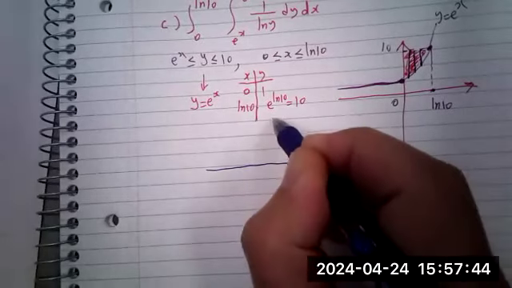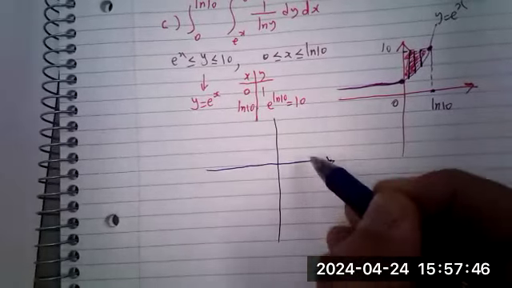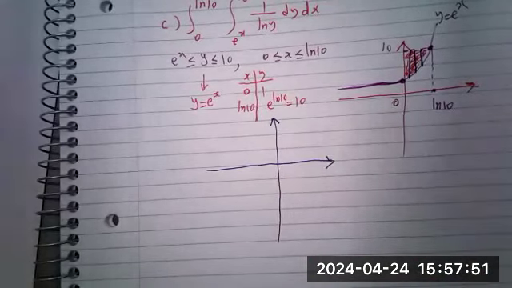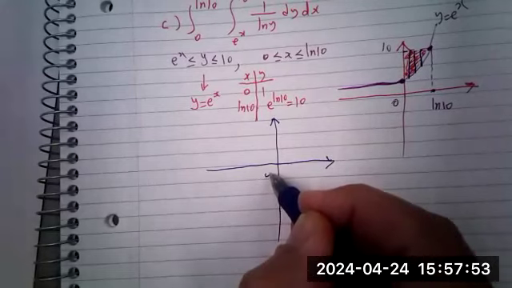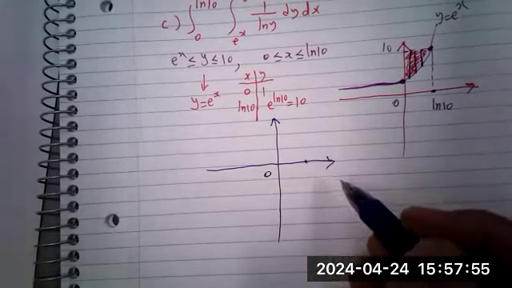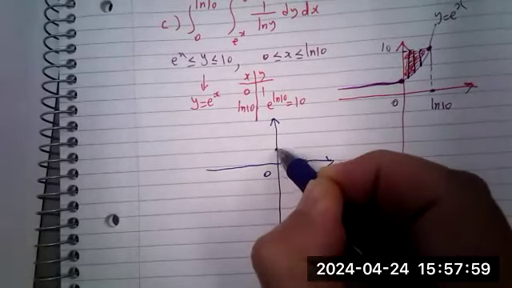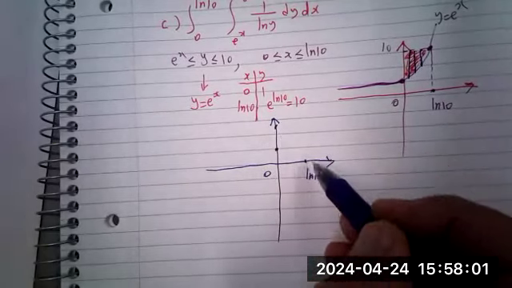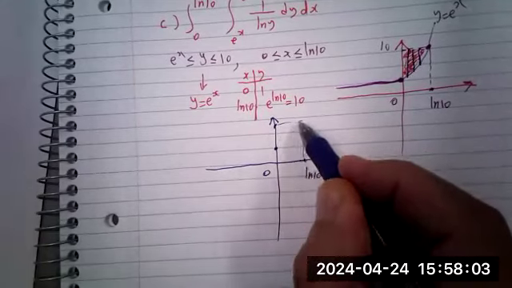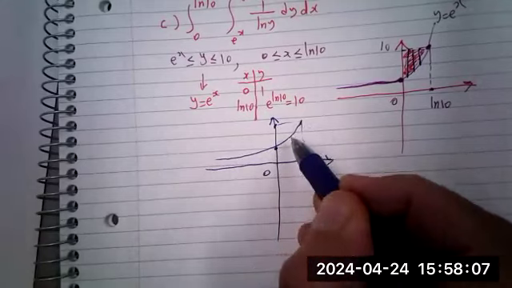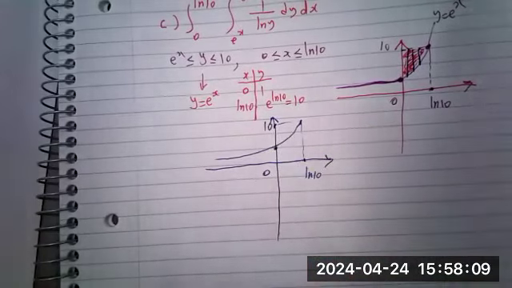Your result is going to be the same graph. I'm going to re-graph it if you like. This is ln 10 that I have, and this is 10. So this is the situation that we have. Remember, that's 10.